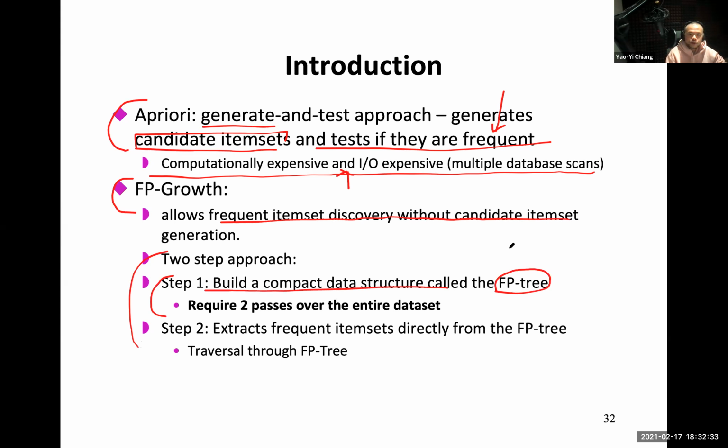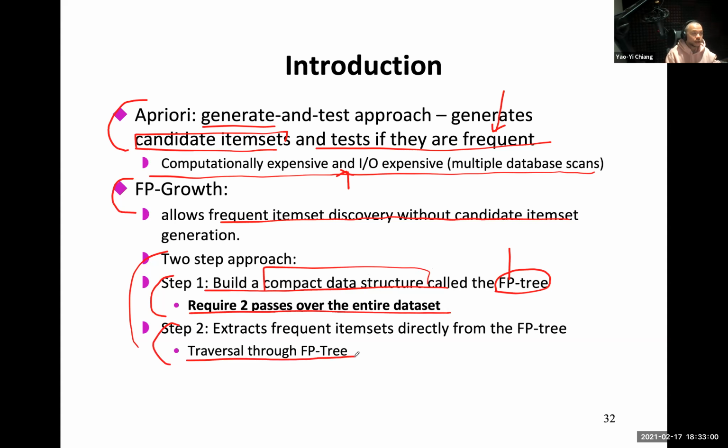I think this is frequent pattern tree. So the FP tree requires 2 passes over the entire data set to build. Now, since this is a compact data structure, you can store the entire data set in memory. Then you can process the tree to extract frequent item sets directly. And this is based on recursively traversing the entire tree.